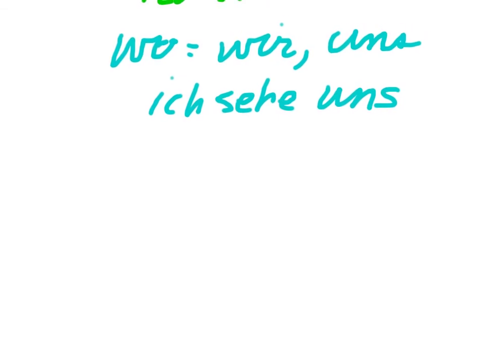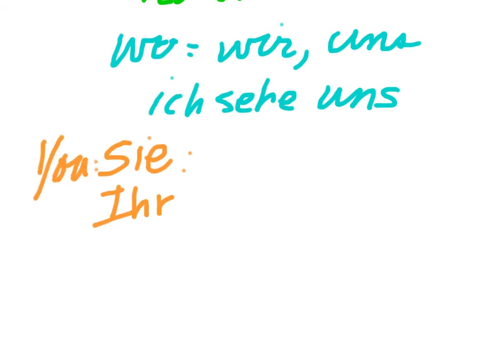All right, so let's go back to Sie, and ihr. Okay. Sie is really fascinating because Sie becomes, and I should have written you, Sie becomes Sie. Isn't that great?